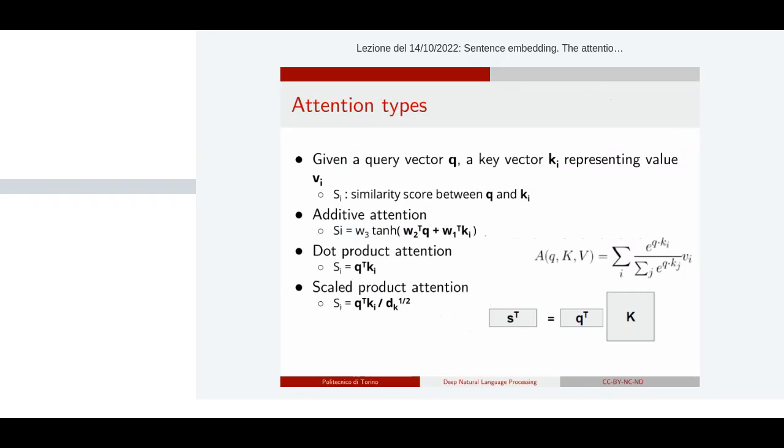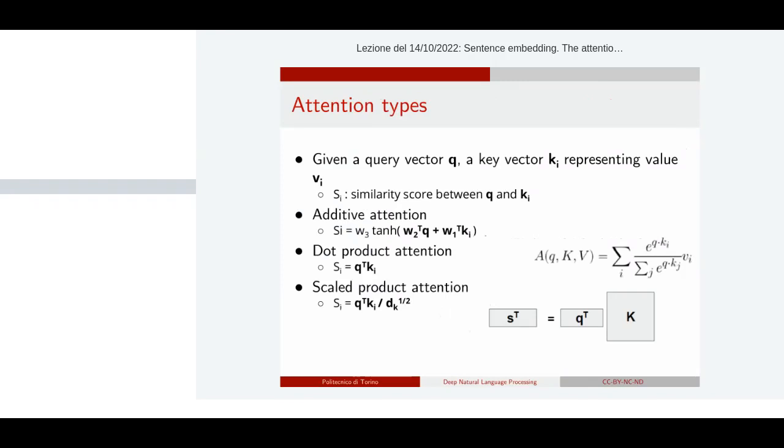Then, in order to get the similarity score, you have many different ways. The most popular ones are additive attention, which is this one, the dot product, which is the most common one, and the scaled product, which is the dot product with a scaling factor. What we reported before in the image was actually a scaled version because we normalize that value prior to applying the softmax.